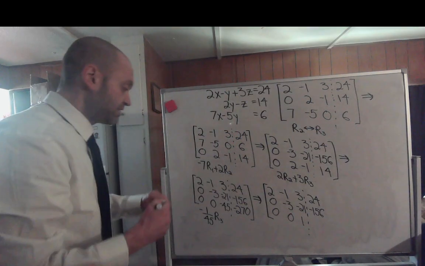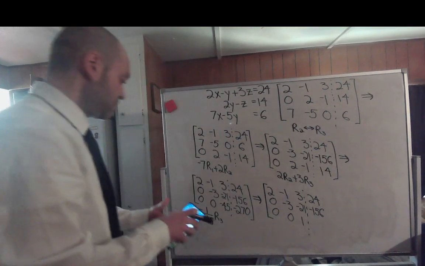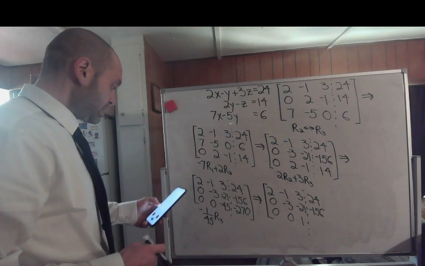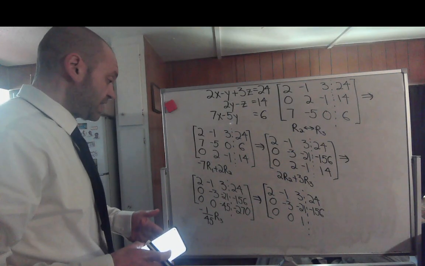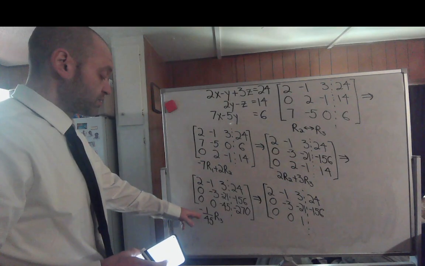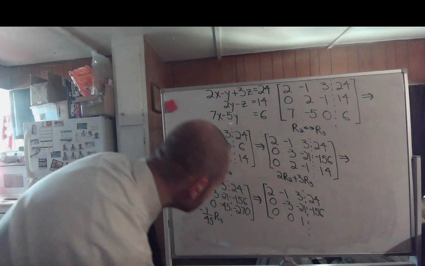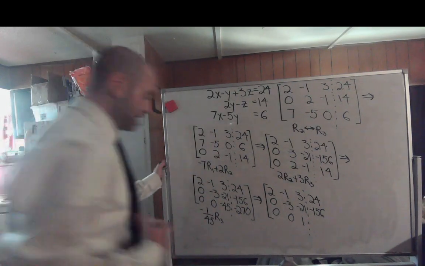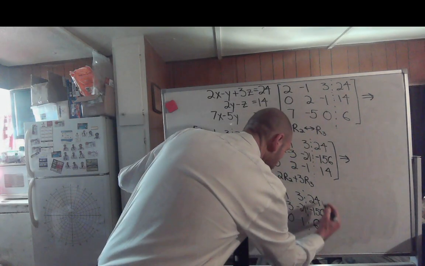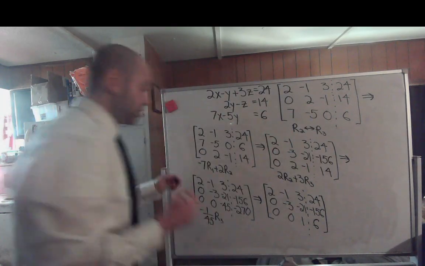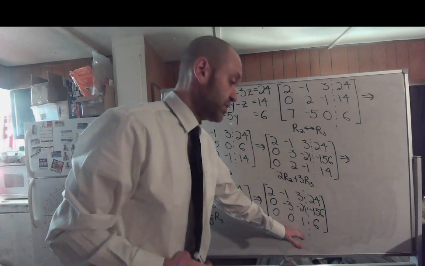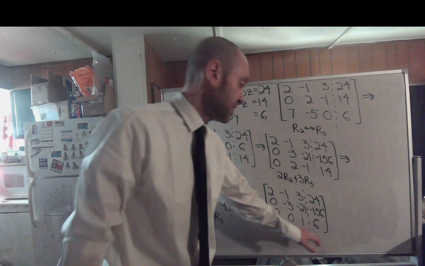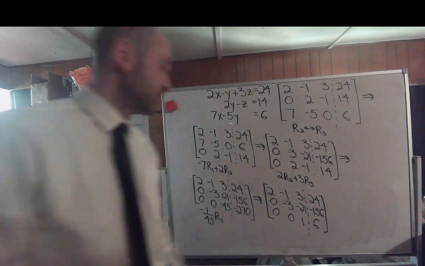And then let's see, 45 times 3 is 135, so this would end up being positive 6. All right, we have row 3 fully reduced: 0, 0, 1, and 6. The leading digit's a 1, so that's good.